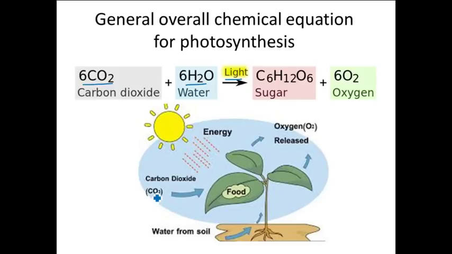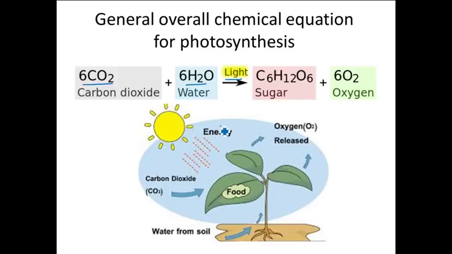So the carbon dioxide goes in through the leaf, through those stoma, and the sunlight goes in through the leaf, and water comes from the soil up the roots and into the leaf. That's if it's a plant. If it's a seaweed or a bacteria, then that cell or that organism is actually bathed in water, and the water just comes directly into the cell. Okay? So those are the inputs.